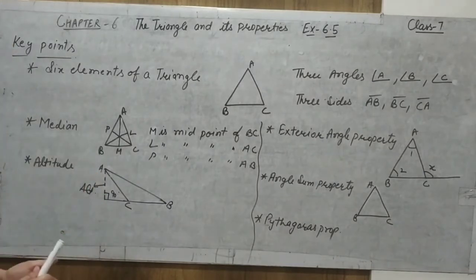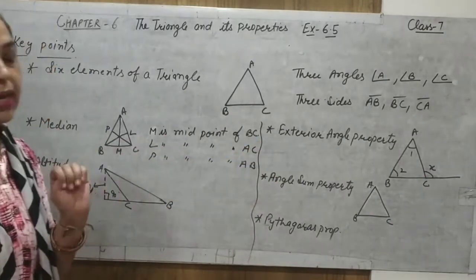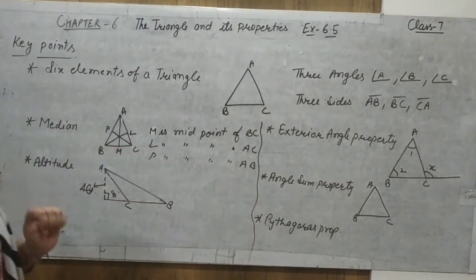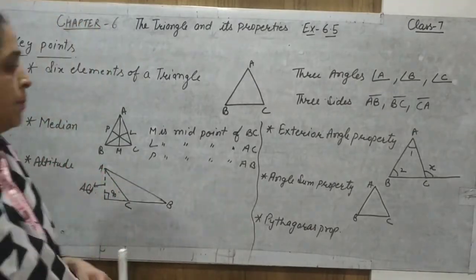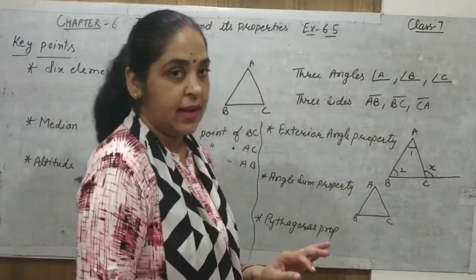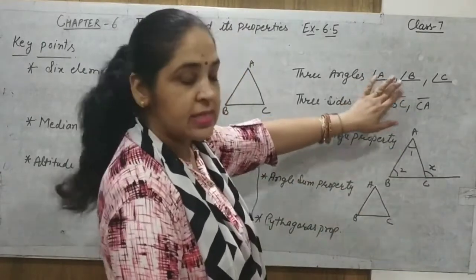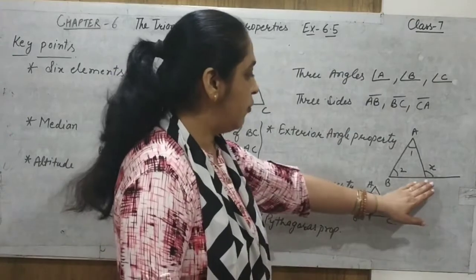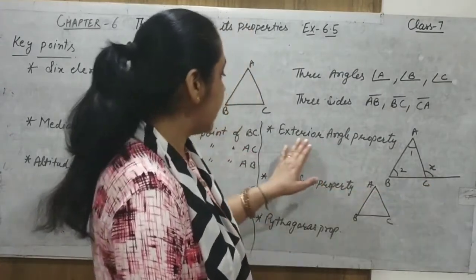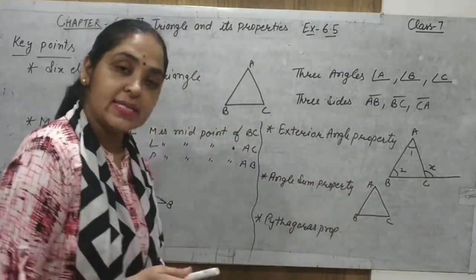Alright, next we discuss the exterior angle property. First of all, what is an exterior angle? We have 3 exterior angles. When we extend any side, we get 1 exterior angle. So what is the exterior angle property?